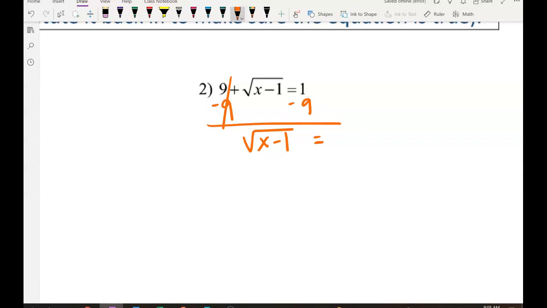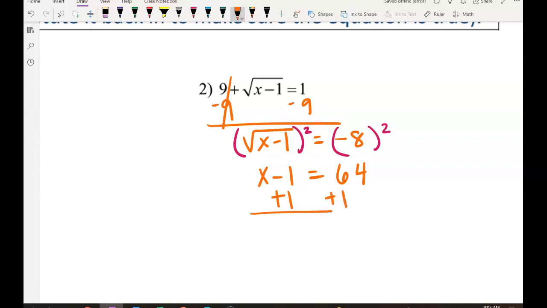Wait. What does it equal? Negative 8, okay. And then square root the x minus 1 and then negative 8. I think you meant square. Okay. Yep. And then if the x minus 1 is equal to 64. Okay. And then add 1. Great. And then x equals 65.